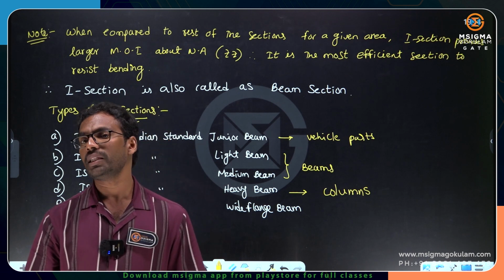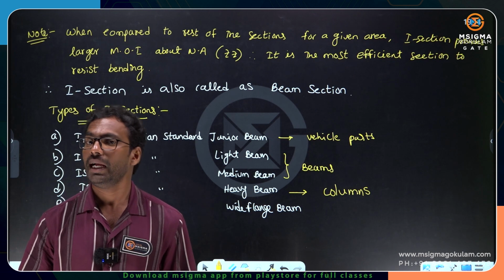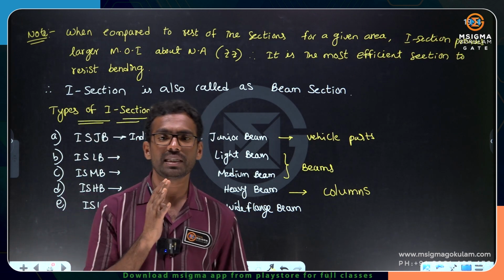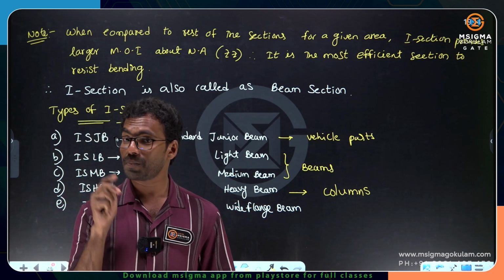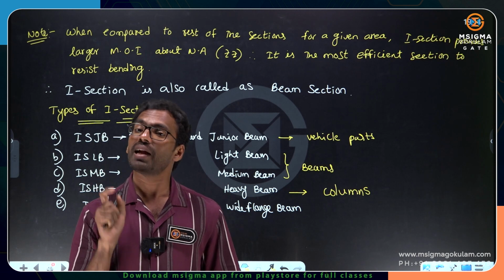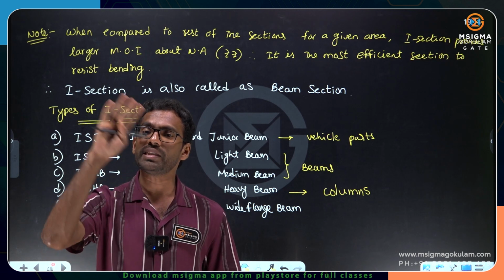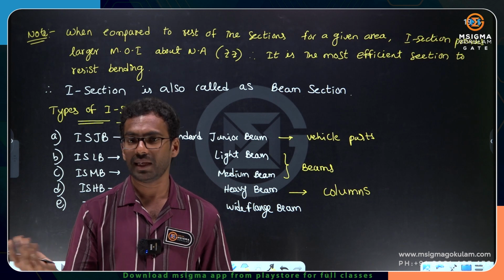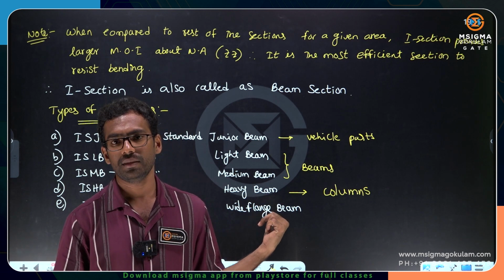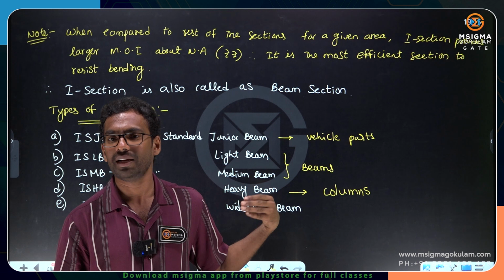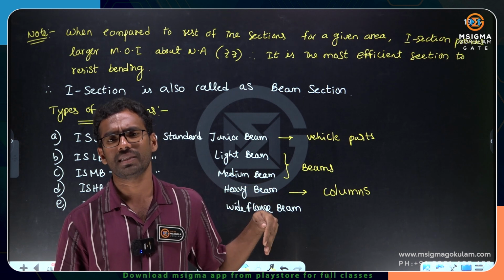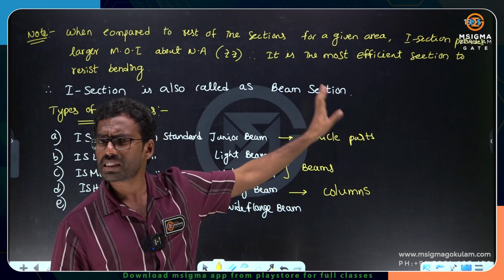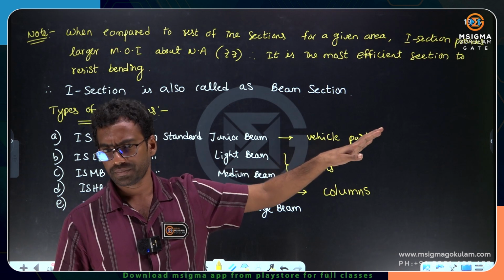So, based on practical aspects, the I section is the best section even for columns, keeping in view practical limitations. But the most efficient section for a column is different. I will explain that afterwards, in a sequential manner. For the time being, understand that the I section is not the best section for a column.